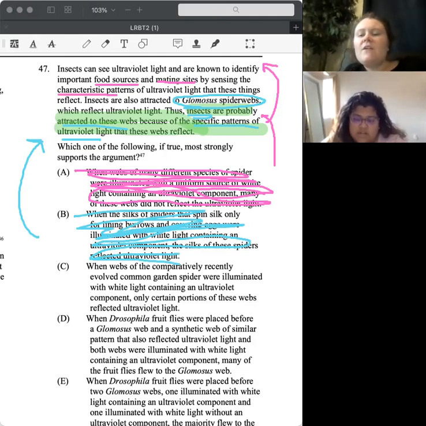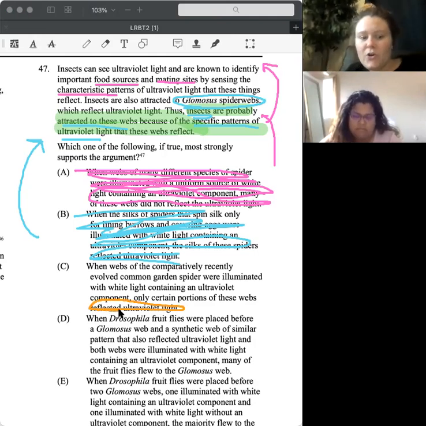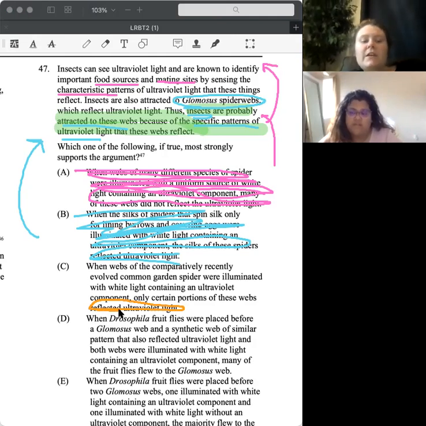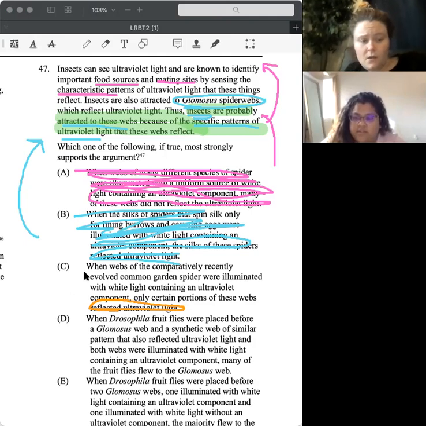No, once again, our goal is proving that they like the ultraviolet light, and this is once again just saying that it's reflecting it. It's the same reason as B. Okay, it's reflecting it, but we don't know if that's what they're attracted to or not. So that's also bringing in new information that we don't really know about. Well, it's bringing in new information that just doesn't matter. Yeah. All right, so let's look at D.